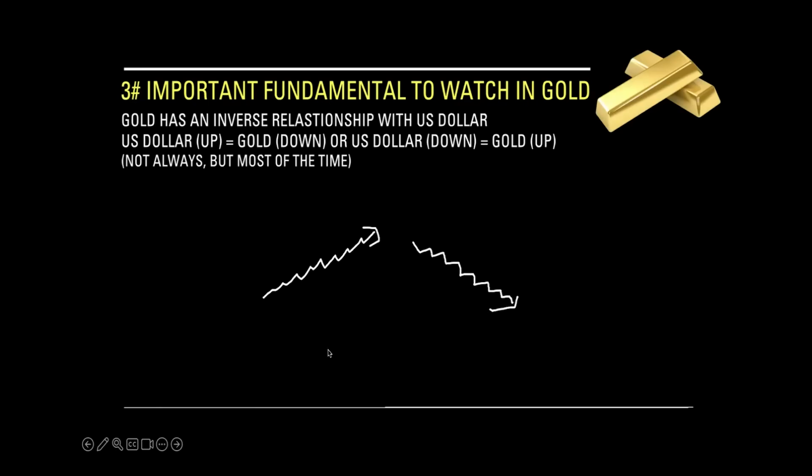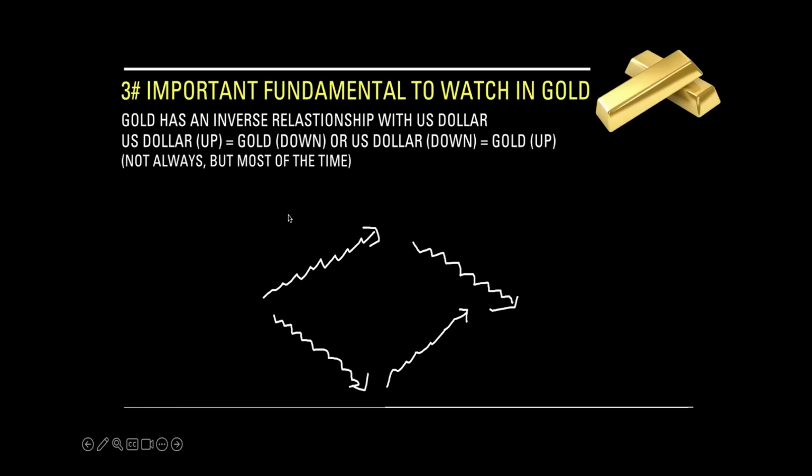Or sometimes the US dollar index is going down on the chart, and then most of the time you may see gold going up. That means keeping the US dollar index chart as a reference, you can take good trades in gold most of the time. Why does it have an inverse relationship?